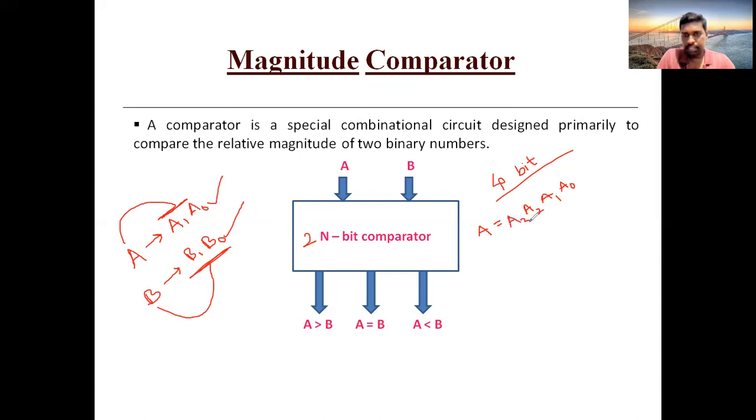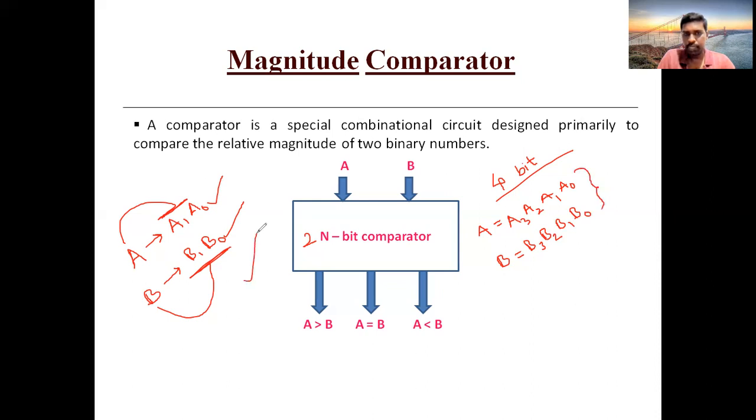Likewise, the second input should also be written as 4 bits, like B3, B2, B1, B0. Like this, we will have 4-bit.